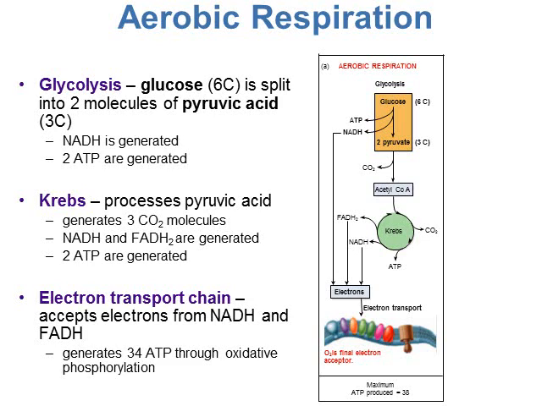That pyruvic acid then goes into the Krebs cycle, which is that green circle. The Krebs cycle is a metabolic cycle, so things go into it, things come out of it, like we looked at in the previous section in this chapter. So this Krebs cycle is going to process that pyruvic acid. And while it's processing it, we're going to generate 3 molecules of carbon dioxide, which are released as byproducts.